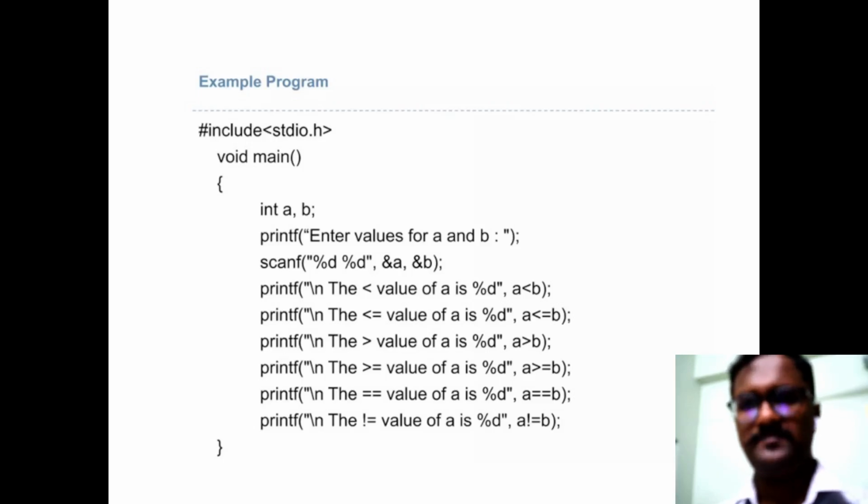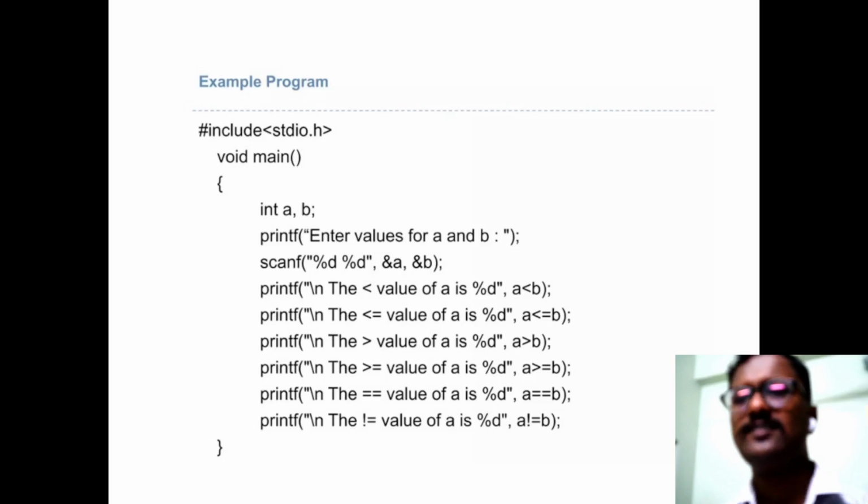First condition. Here we are going to see about the first condition. What is the first condition? Printf %d, a is lesser than b and a not equal to b.